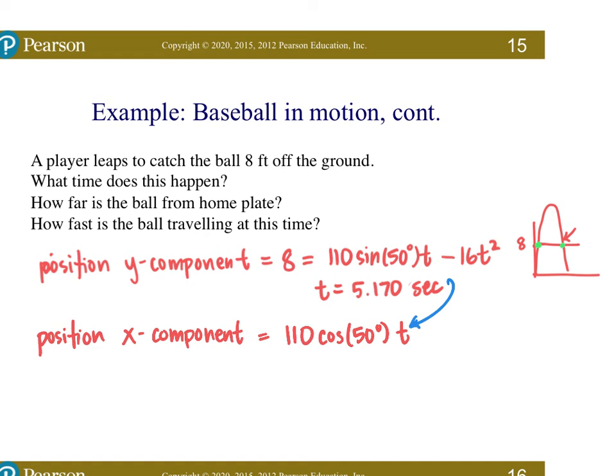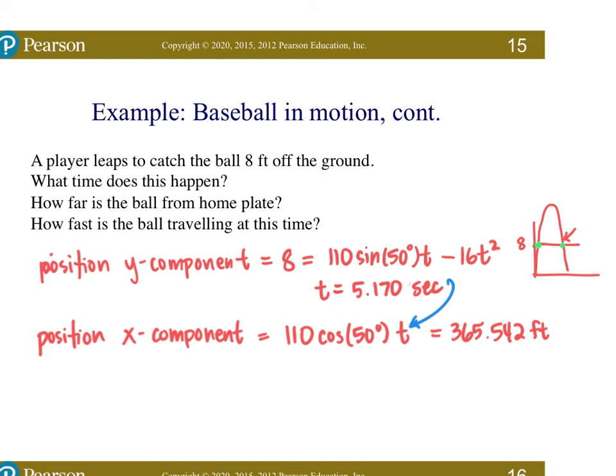So we're going to multiply 110 times the cosine of 50 degrees times t. And I get 365.542. And that is how far the ball is away now from home plate in a horizontal direction.